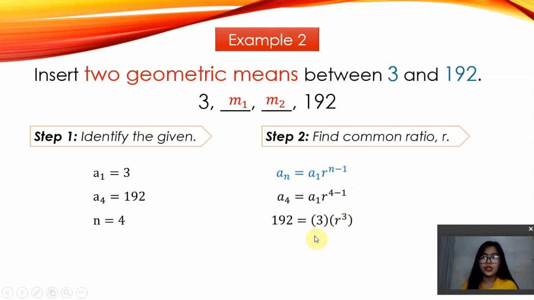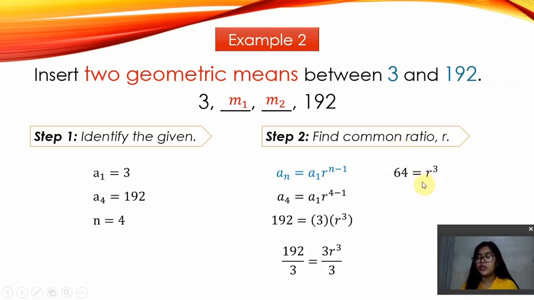Okay? So, next is to divide both sides by 3. Dividing both sides by 3, we will get 64 equals r cubed. So, bakit 64? Because 192 divided by 3 is 64. Now, hindi pa tayo natatapos dito. We still have to find the value for r.